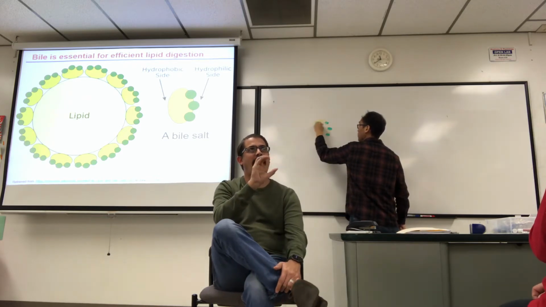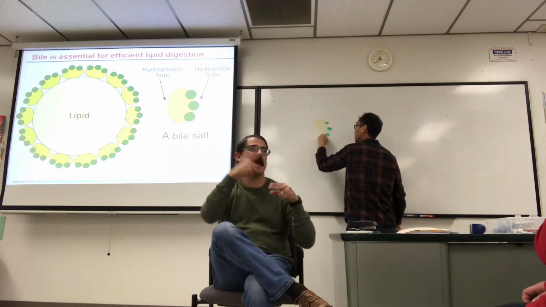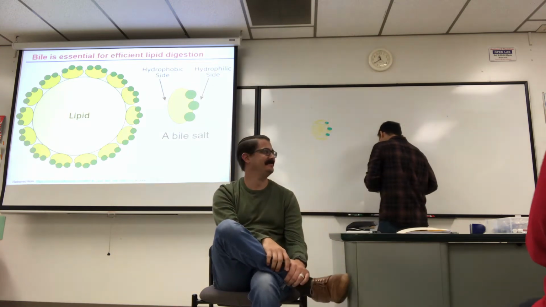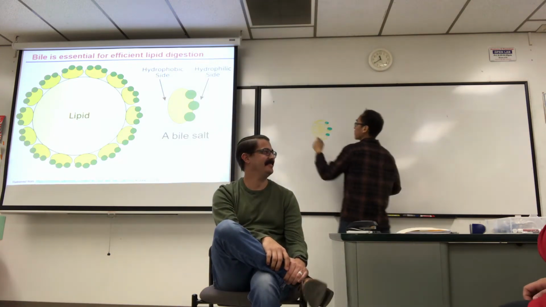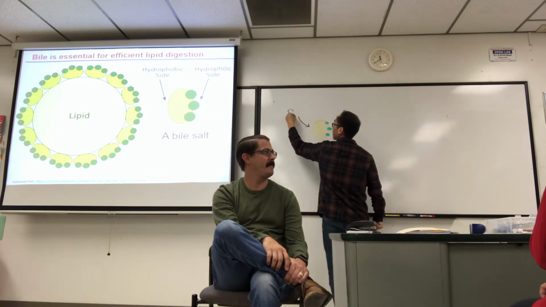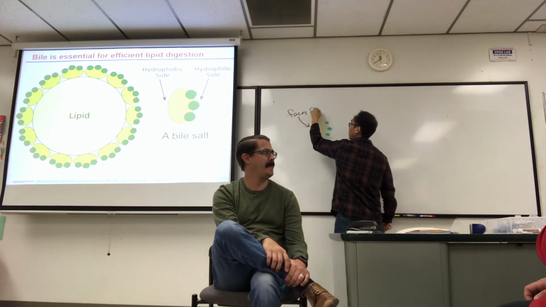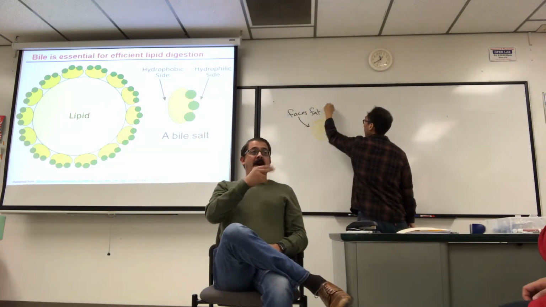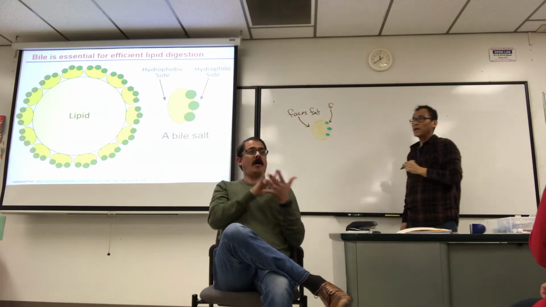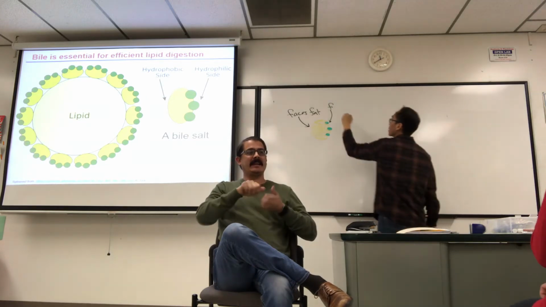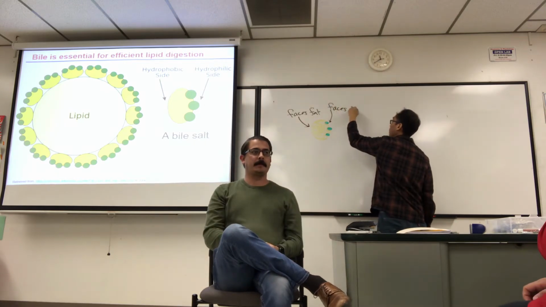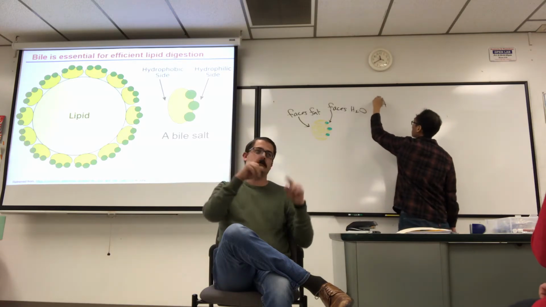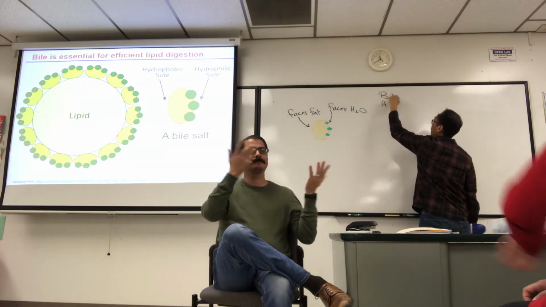In this artist's rendition of bile salt, the idea is one side kind of faces the fat because it's hydrophobic, and the bile salt side faces the watery lumen of the digestive tract. Faces water. And by doing that, bile salts accomplish fat emulsification.